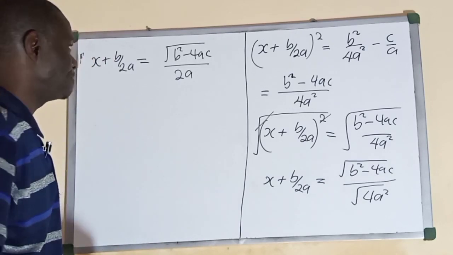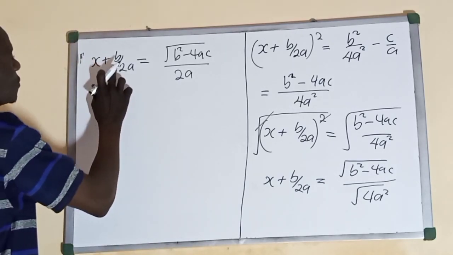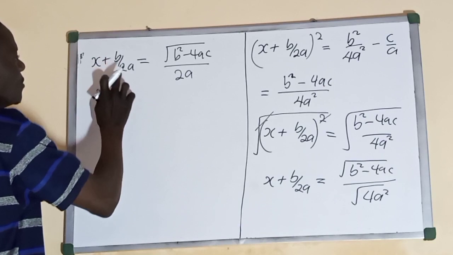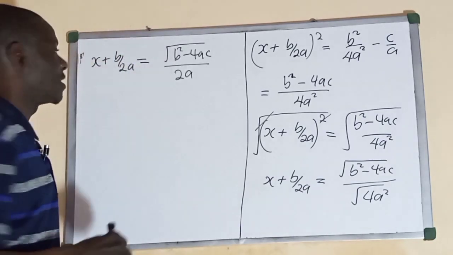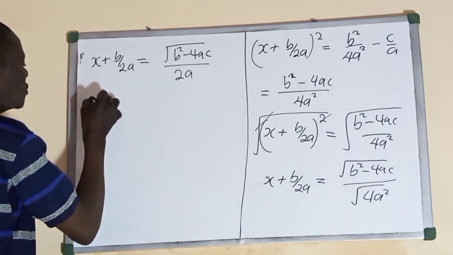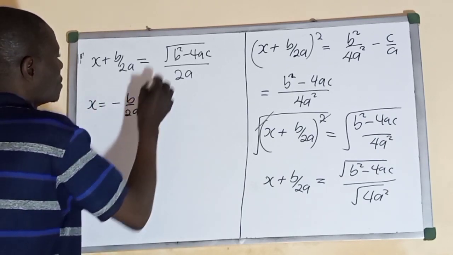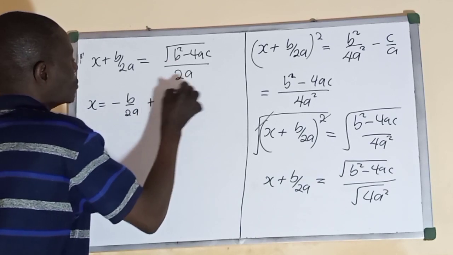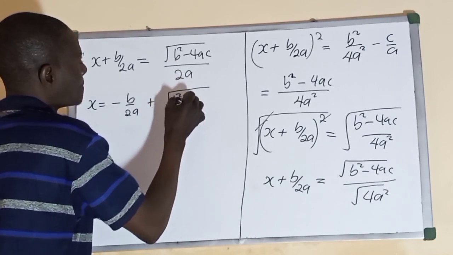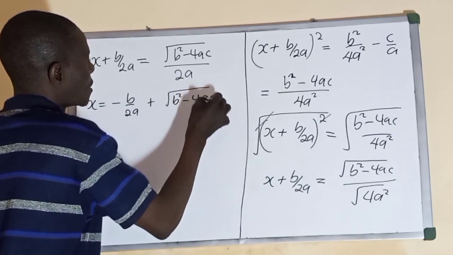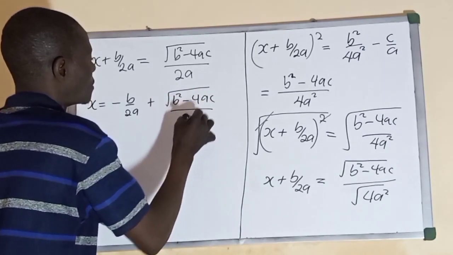Can we see it? So we also have to transfer this term, b over 2a, to the other side. So here we have x is equals to minus b all over 2a, then plus square root of b squared minus 4ac all over 2a.